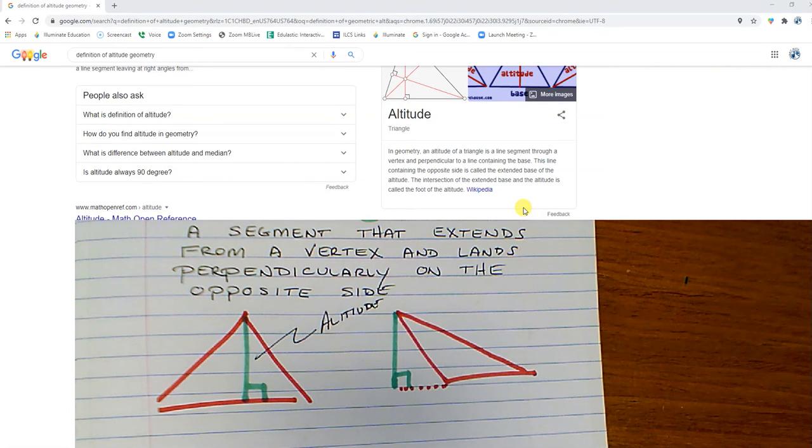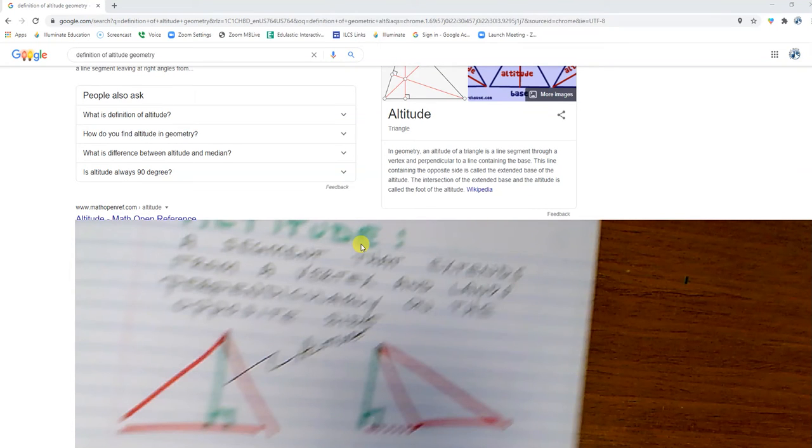So right here, see if that makes sense to you. First off, this triangle is just a mess.